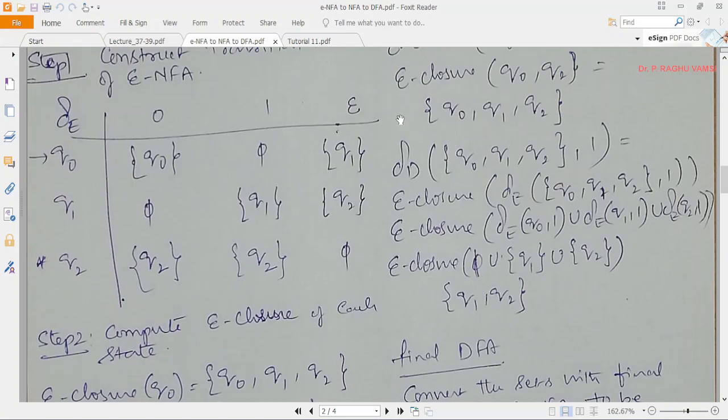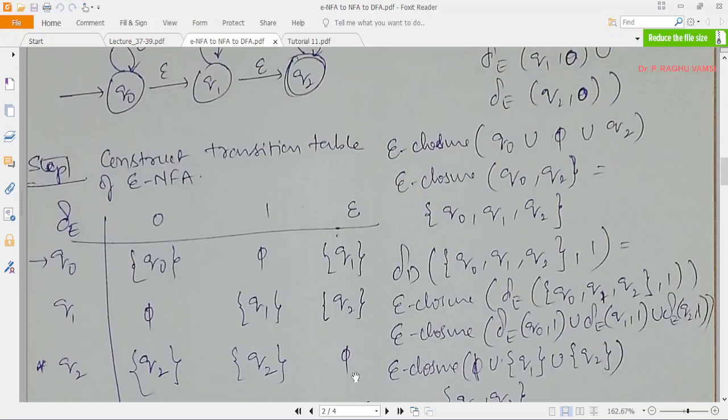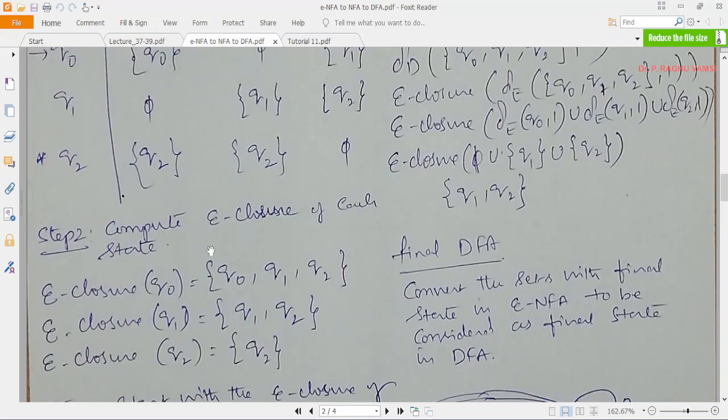And Q2 on epsilon, since there is no epsilon transition from Q2, gives the null set, which means it is not moving anywhere. So this is a simple transition table, called δE here.